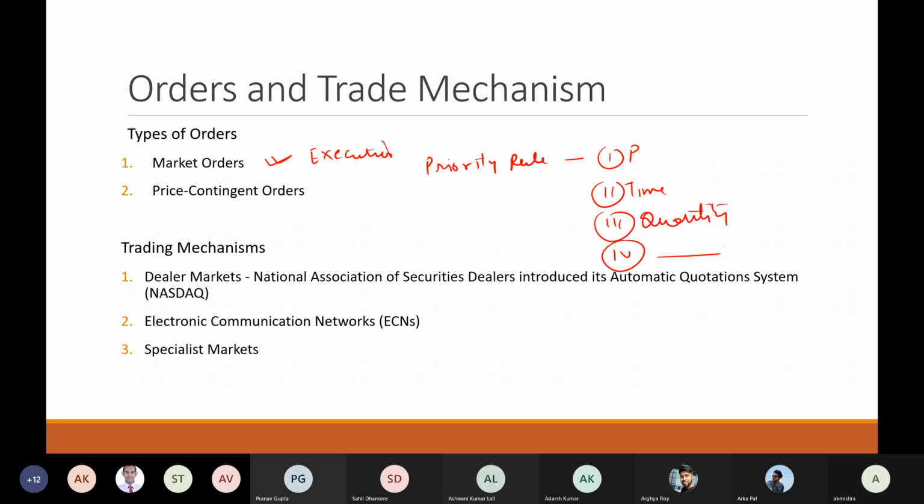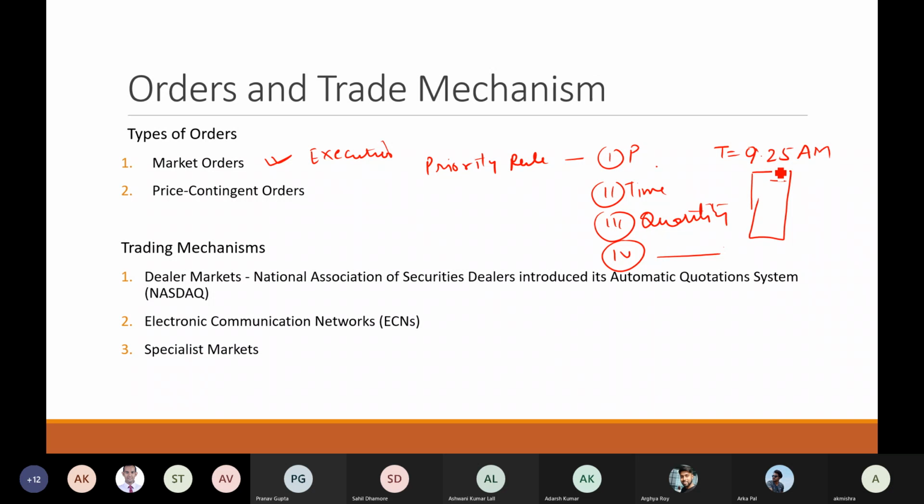So if you are a buyer, and for a given time, let's say t is equal to 0, it could be, let's say in India, 9:25 a.m. Hypothetically, I am saying. So at 9:25 a.m. you have submitted a buy order, and at that point of time your buy order has the highest price.